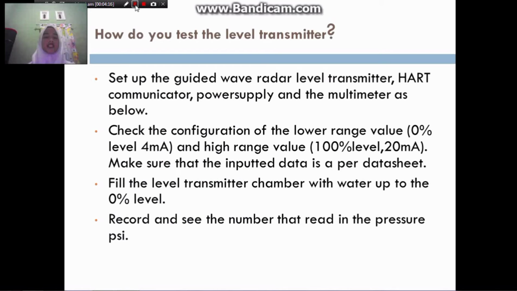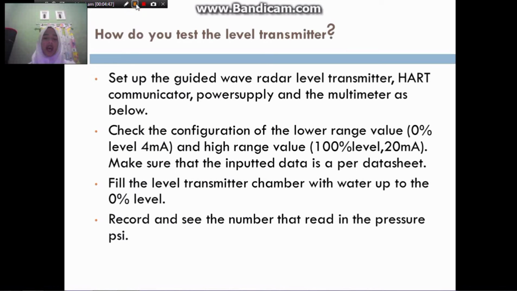These are the steps to test the level transmitter. First, set up the guided wave radar level transmitter, HART communicator, power supply, and the multimeter as below. Second, check the configuration of the lower range value, 0% level at 4 mA, and the upper range value, 100% level at 20 mA.